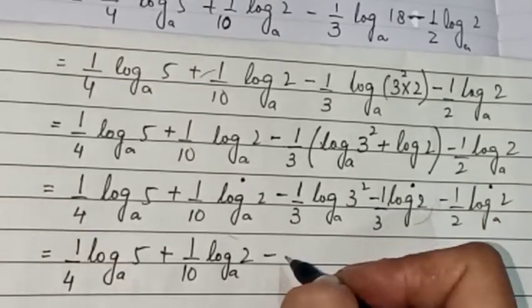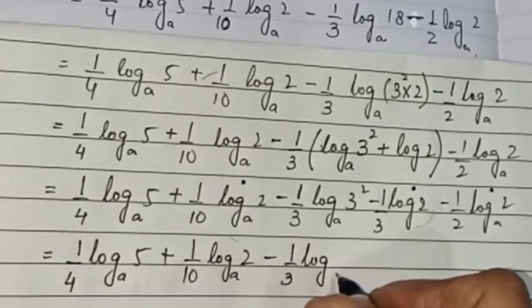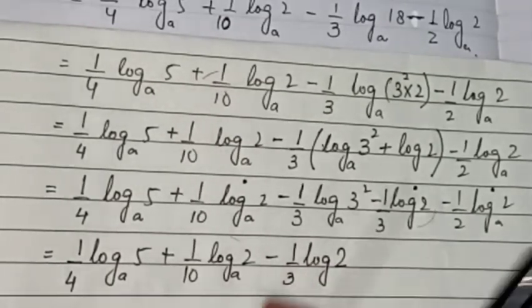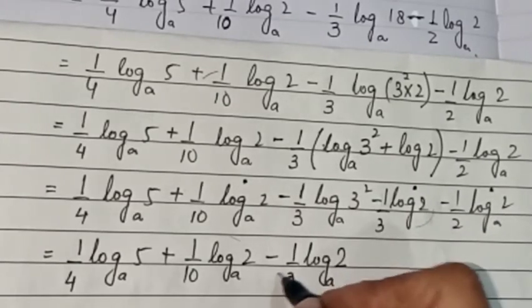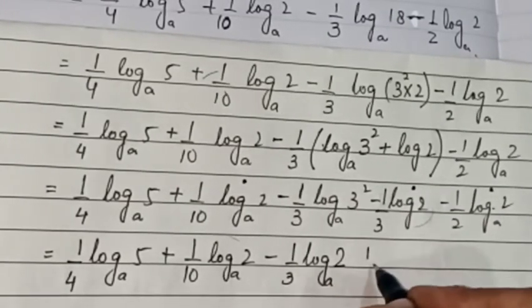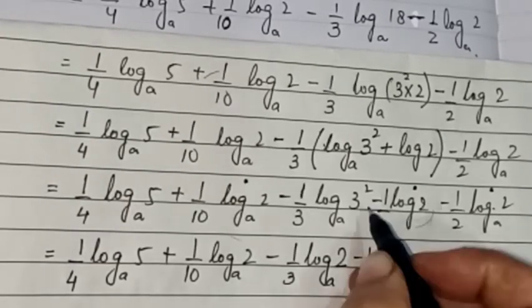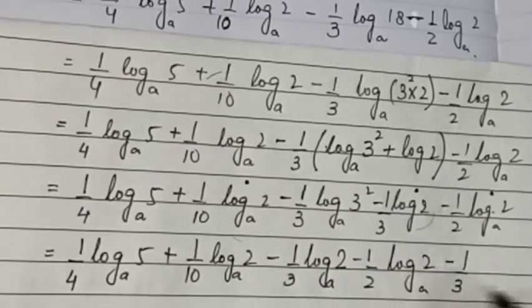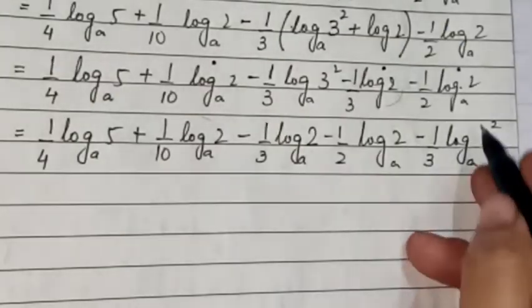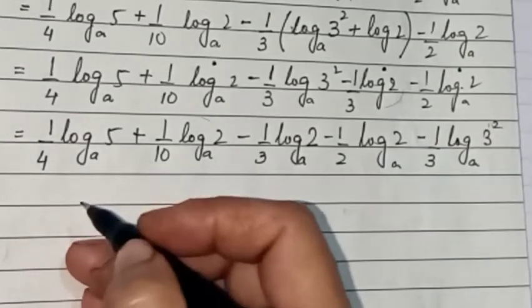I am grouping the like terms, and after that I have to write this minus 1 upon 2 log of 2. This term will be written in the end. Then minus 1 upon 3.